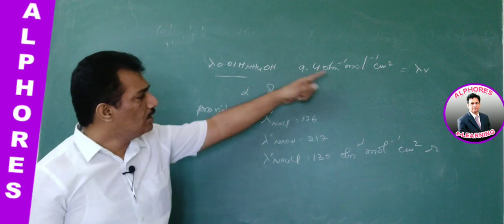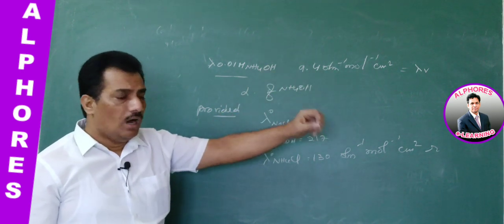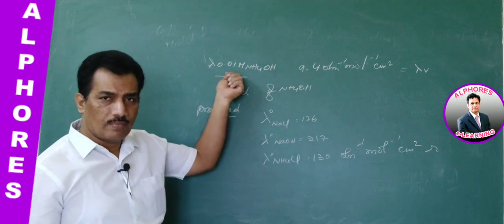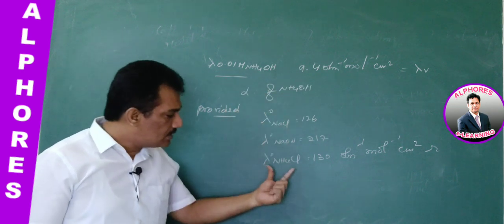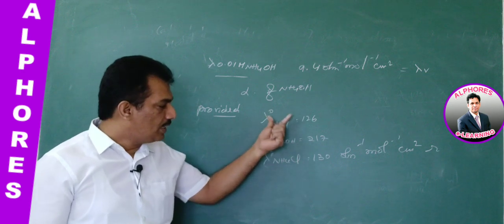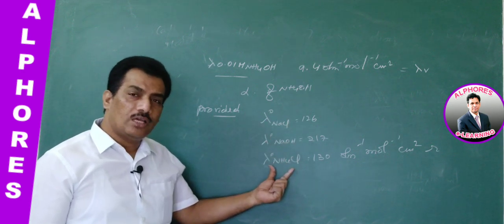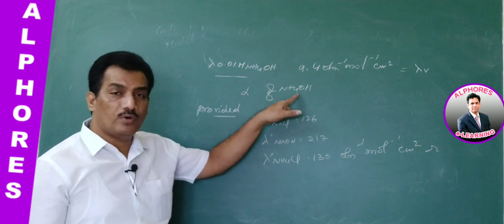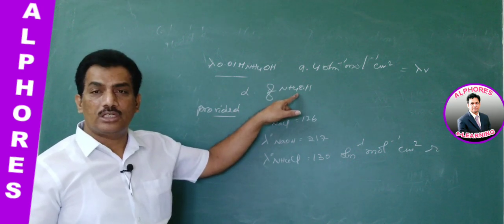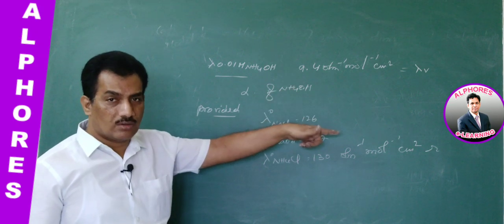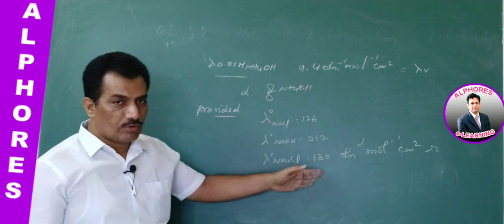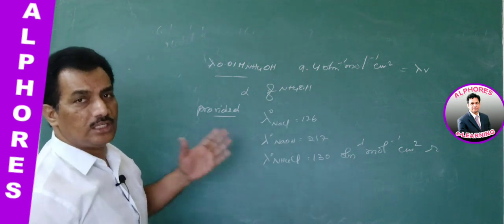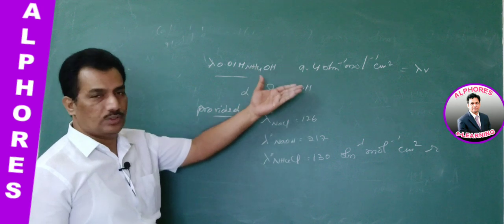So the value of conductance at a particular dilution and the concentration are given. And by considering all these different data, you can calculate the required conductance of NH4OH at infinite dilution by applying Kohlrausch law for weak electrolytes, is it not? So you apply that formula, you will get the conductance of NH4OH at infinite dilution, then substitute.